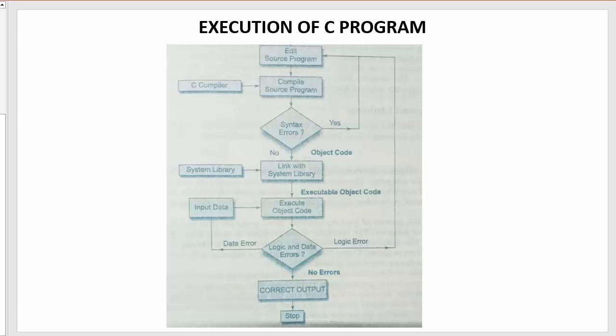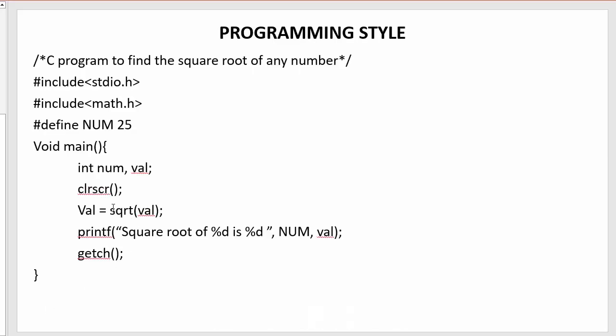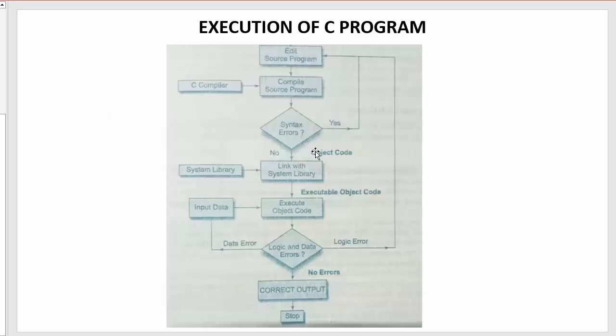Like in this case, as you can see here, I have used a predefined function, square root, and the definition of this function is written inside the math.h library. So the linker needs to link these functions with their appropriate libraries. That is done in this stage. However many functions we have used in our programs, all those functions need to be linked with the system libraries, and the linker does that.